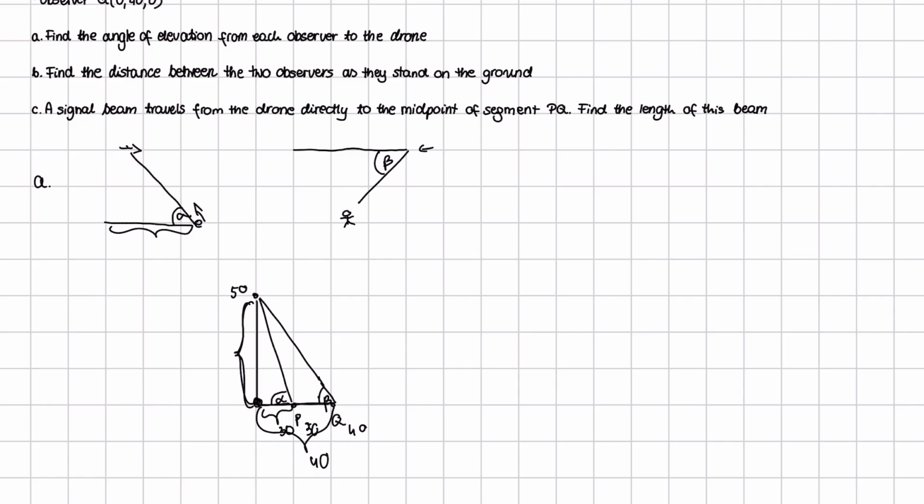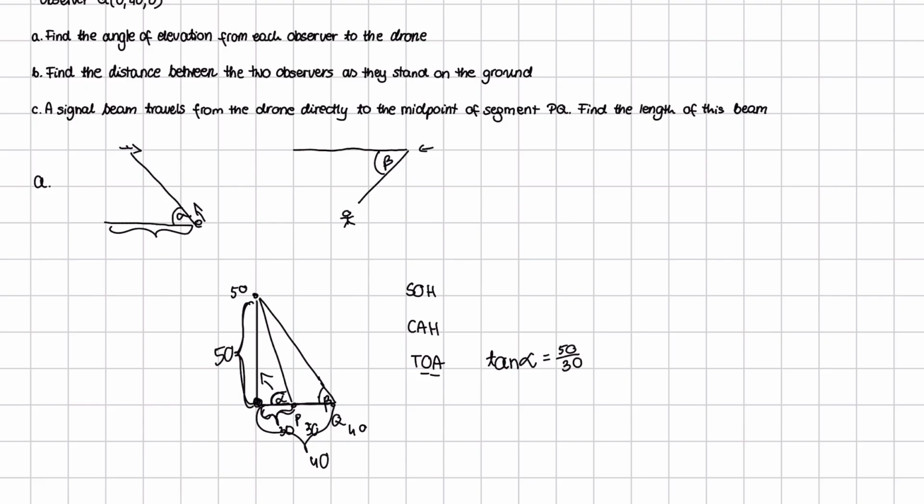However, we can use these short formulas SOH, CAH, and TOA. And to calculate this, we have opposite and we have adjacent. So tangent, opposite, so 50 over 30.